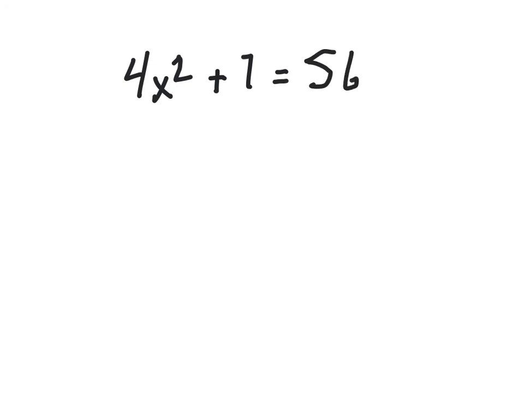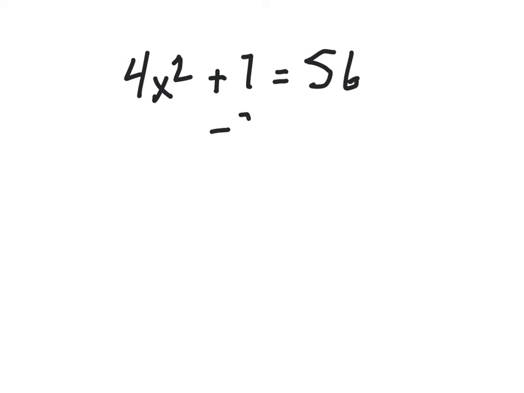Finally, occasionally we will have x raised to a power, such as in the example 4x squared plus 7 equals 56. Again, because of order of operations, we want to get rid of this plus 7 first.